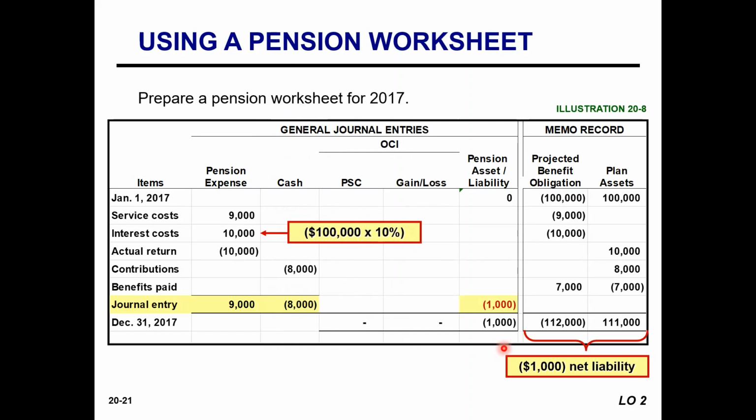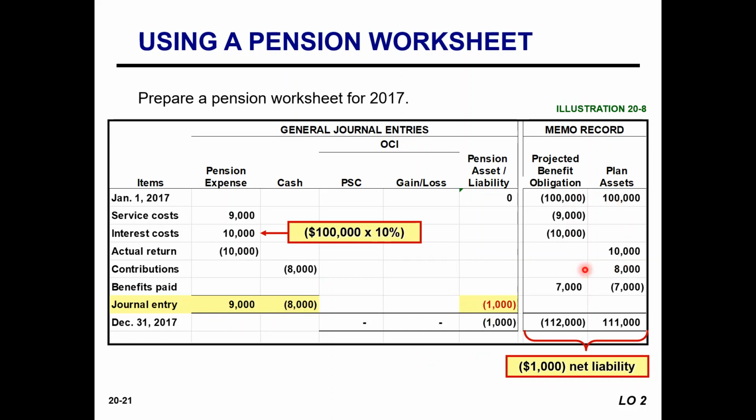So here, you're taking the information and filling out the worksheet. And so your service costs were $9,000. Your actual return was $10,000. Contributions were $8,000. Your interest costs were calculated $100,000 for your plan assets times 10%. So in your general journal entry section, your journal entry is $9,000 for pension expense, $8,000 for cash, which leaves $1,000 liability.